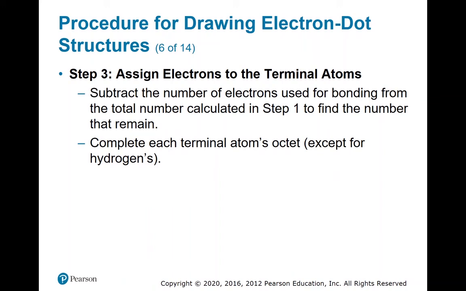Of course, pretty much any element is going to want to have 8 valence electrons around it. Now, with hydrogen, remember, its electrons are in a 1s orbital, so to complete that orbital you just need 2. So hydrogen's not going to have 8 electrons around it, it's going to have 2, because it wants to be like helium, which is its nearest noble gas equivalent. But all the other noble gases have 8 valence electrons, and so pretty much any other element will want to have a full octet.